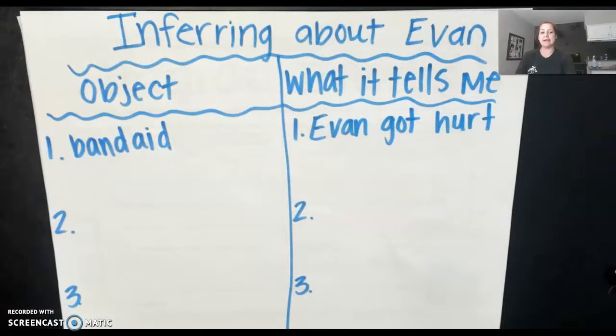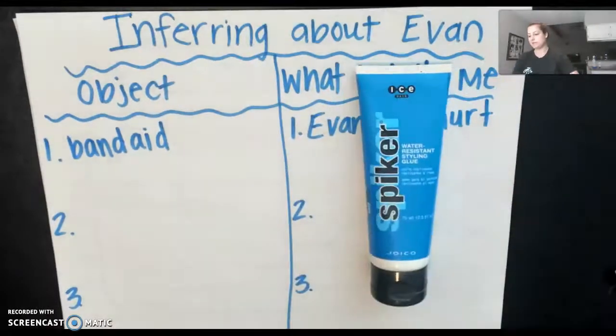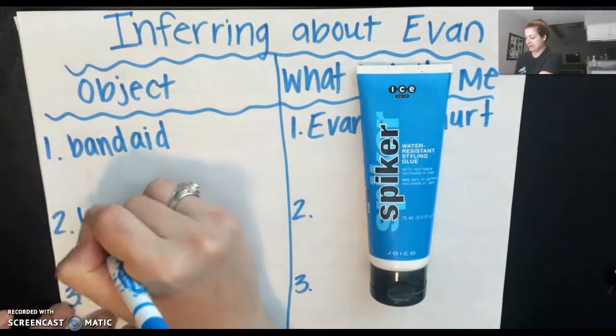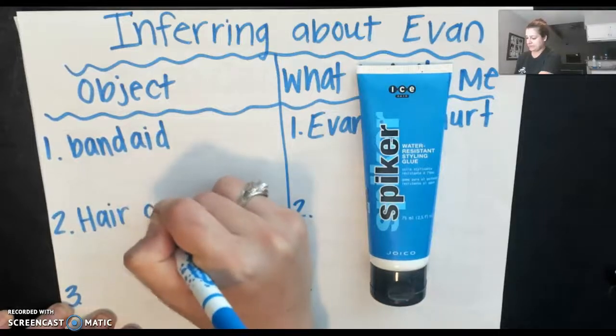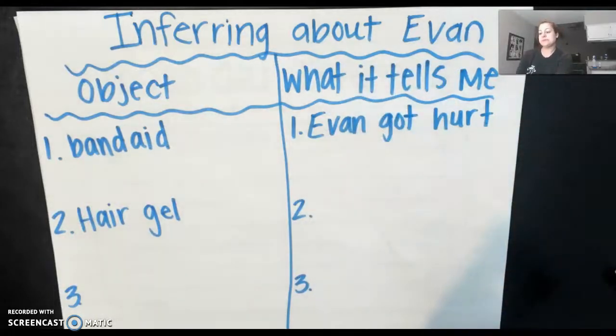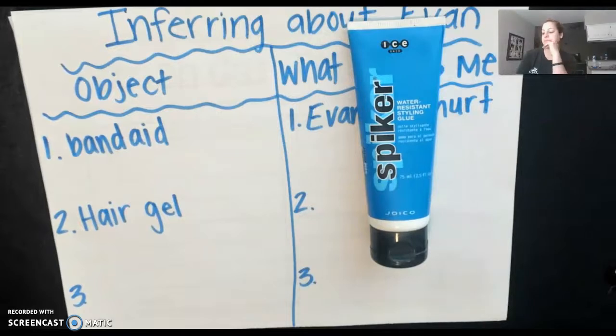The next thing he has is some hair gel. So that's my object, my next clue from his trash can. So we're going to say hair gel. Okay. So what do I know? What schema do we have on hair gel? I know that hair gel is used for your hair, of course, when you want to fix your hair to make it stay.